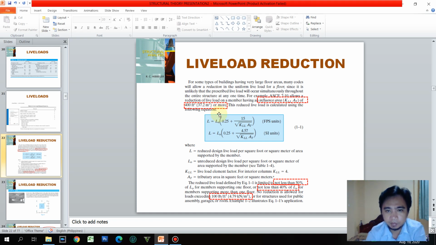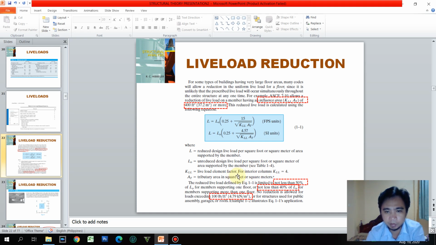For the reduction, L here is the reduced design live load per square foot or square meter. That is why we have two formulas here for English and SI units. LO is the unreduced design live load per square foot or square meter. See table 1-4.